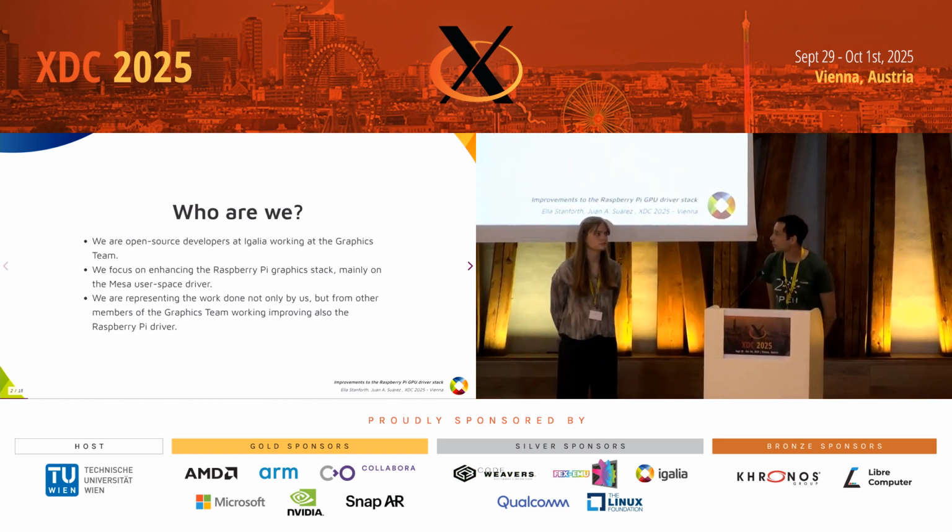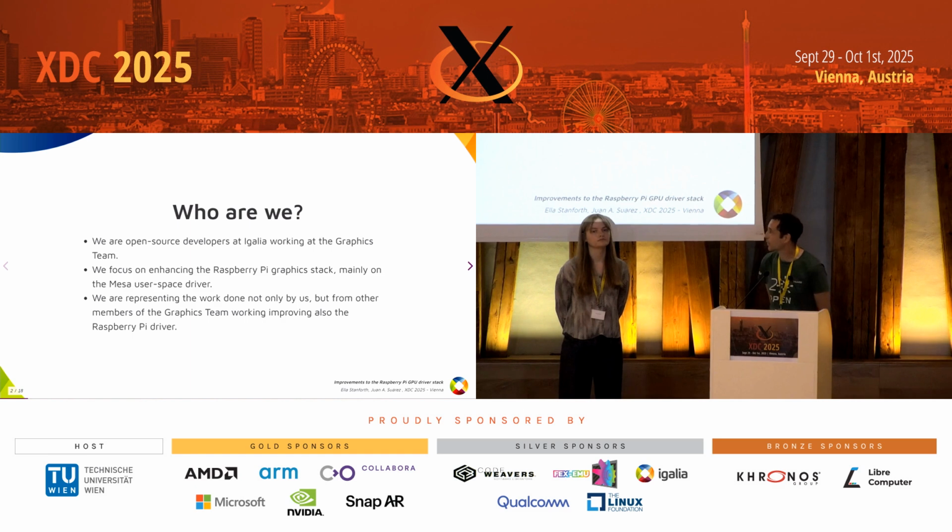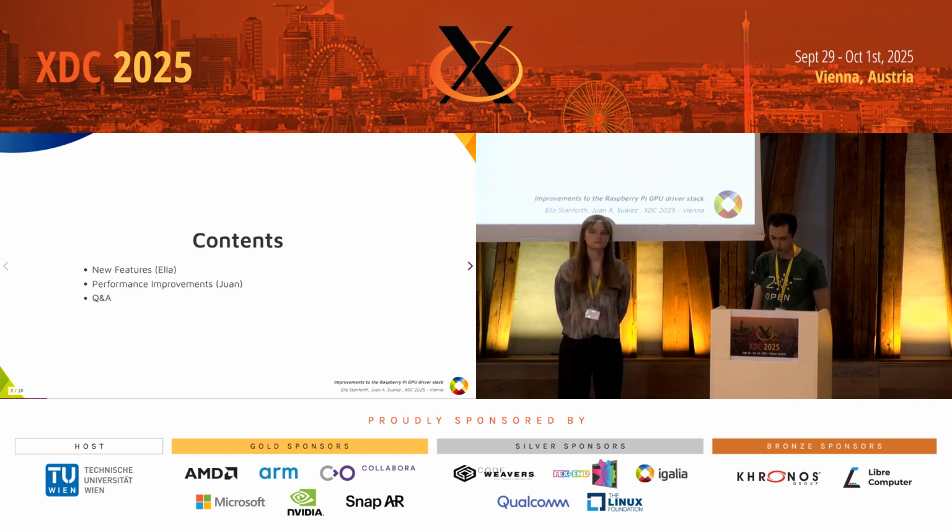It's important to highlight that we are presenting here not only the work done by Ella and me, but also by other members of the graphics team that work on the improvement of the Raspberry Pi driver. So, what I'm going to show here is basically in two parts.